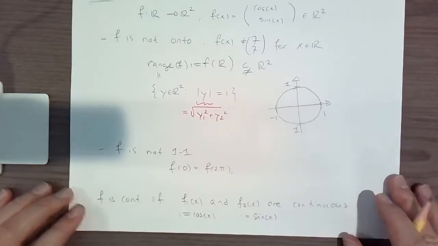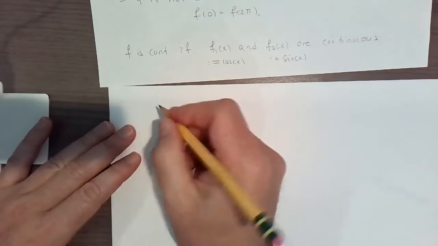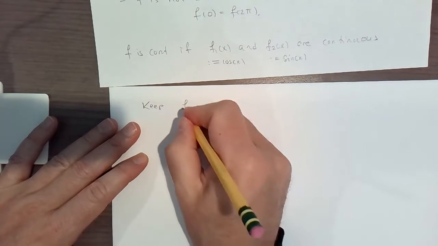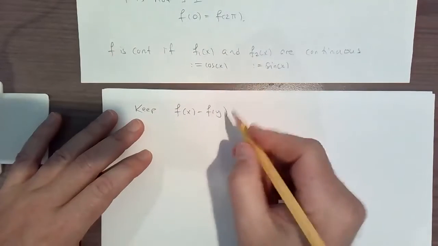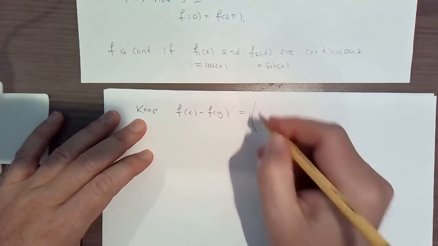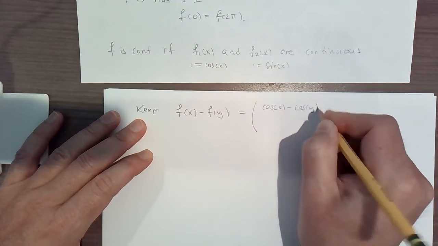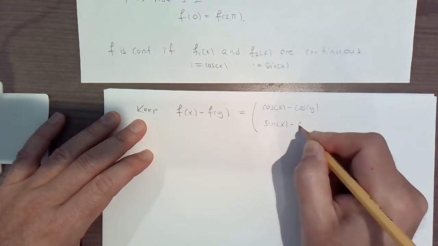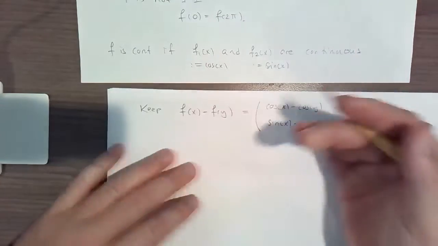So why would that be the case? Well, the story is the same as before. But what I have to do is keep the image points f of x minus f of y, which according to the formula is a two-dimensional object, so cosine of x minus cosine of y, and then the other one, sine of x minus sine of y, close.